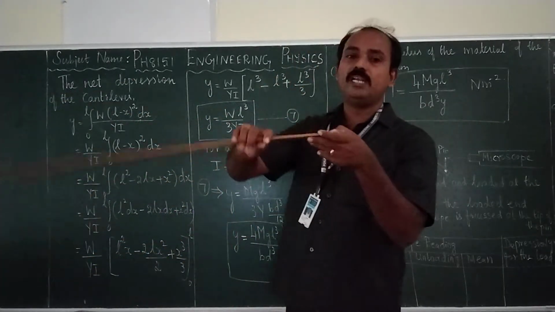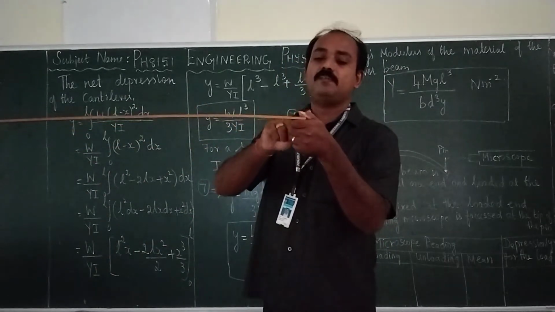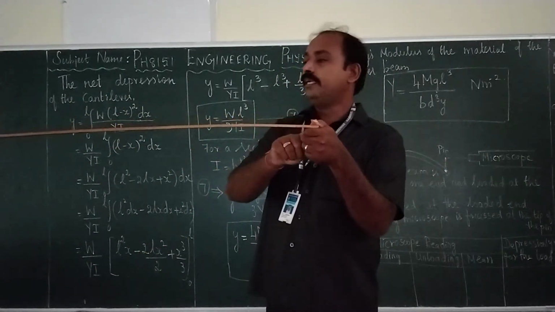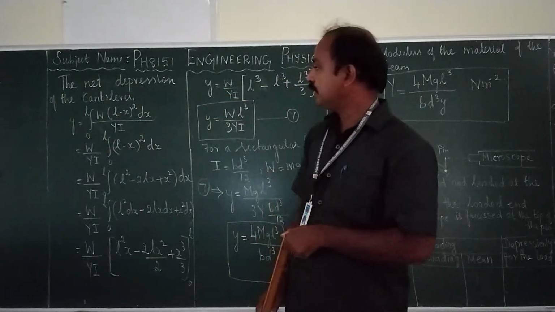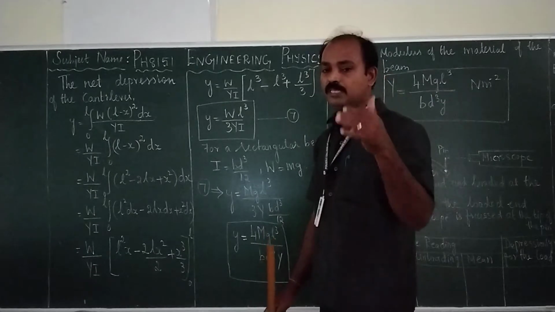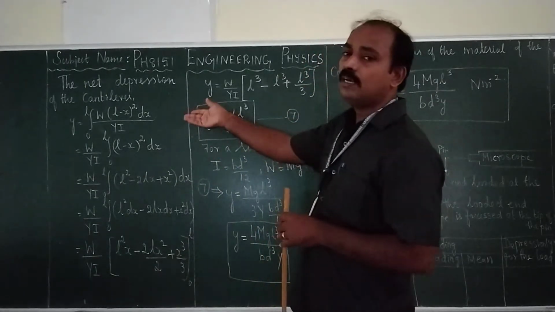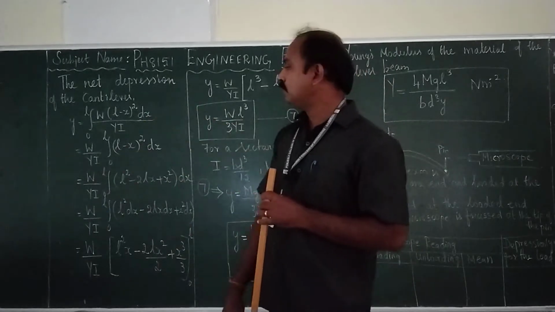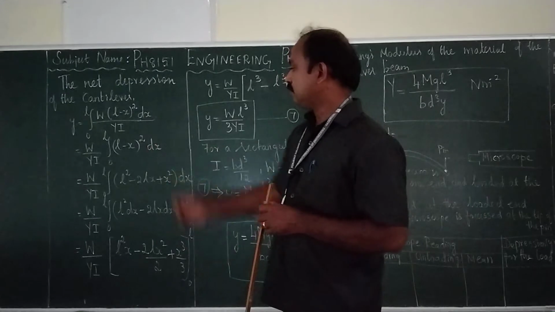So what about the deflection? What about the depression that is totally taken from this end which is fixed to the end where it is loaded? So that's why the limit is from 0 to L. Then the constant value is taken out, W by YI, then the variable is given in this.